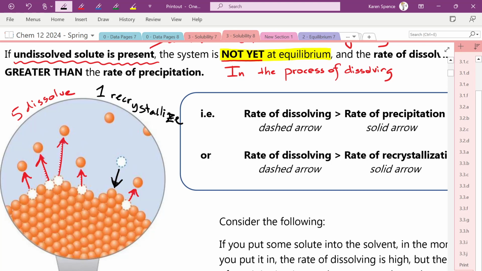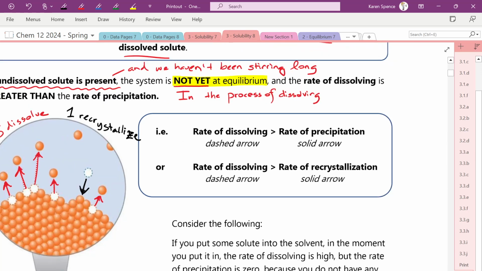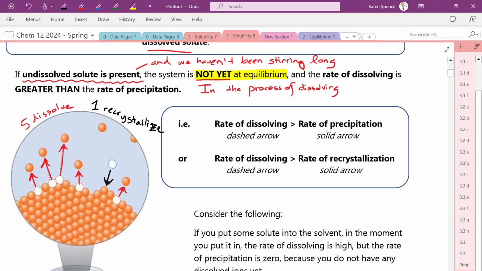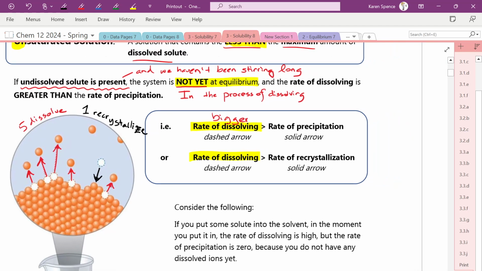It's supposed to be a Z. Are we at equilibrium? No. And are we saturated yet? No. So basically, if the rate of dissolving is greater than the rate of precipitation, so if the rate of dissolving is the bigger one, then we have an unsaturated solution.